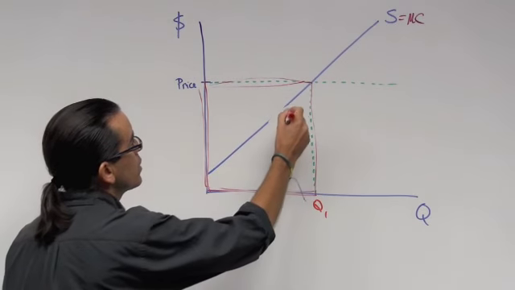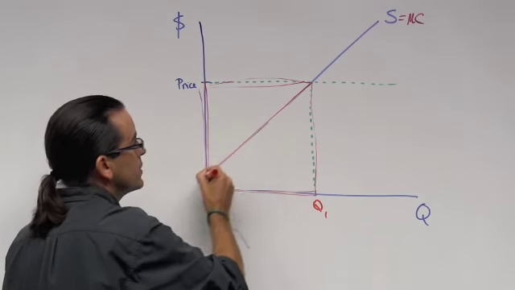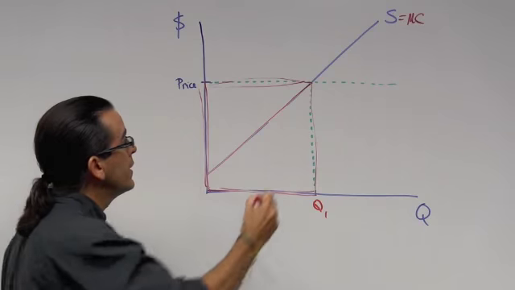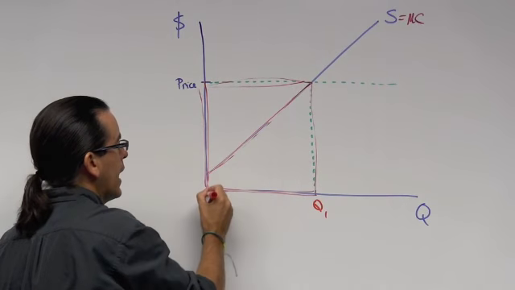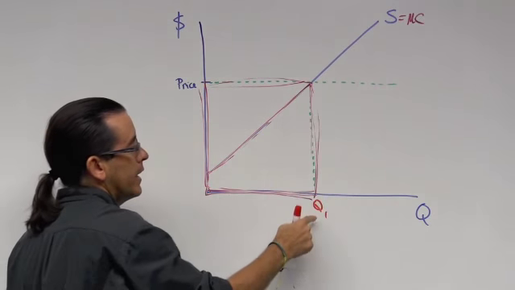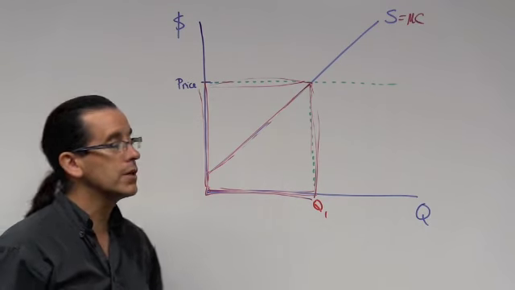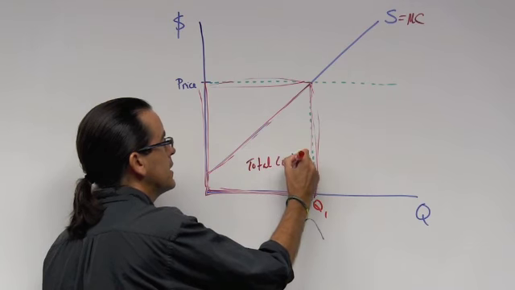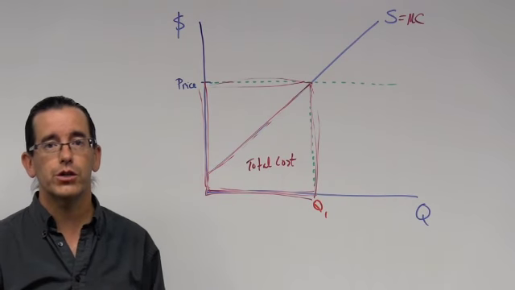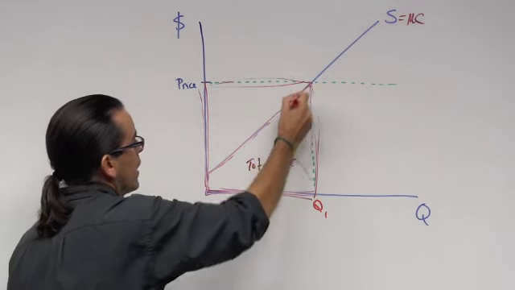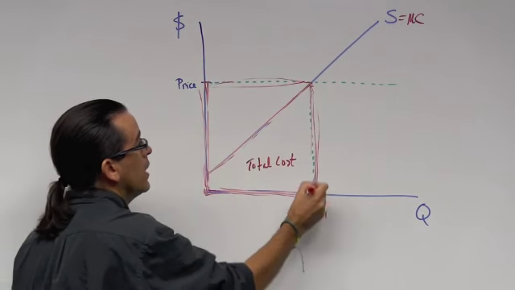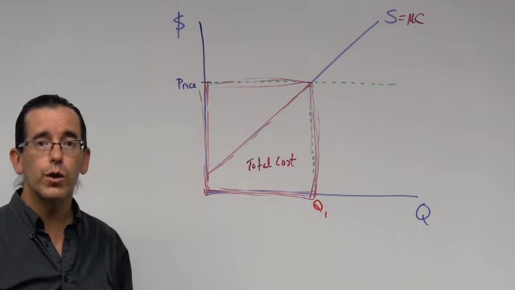So if the industry is producing Q1, the area under the supply curve and bounded by that quantity and the axes represents, roughly speaking, the total cost of production. So we've got this area of total cost and this area of total revenue. What does that leave us?